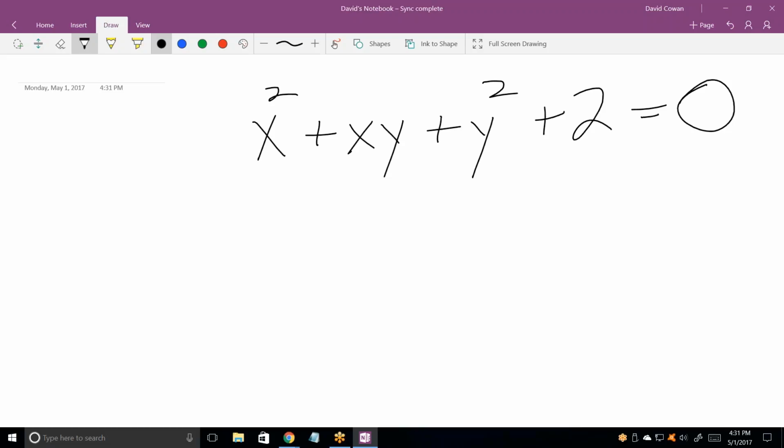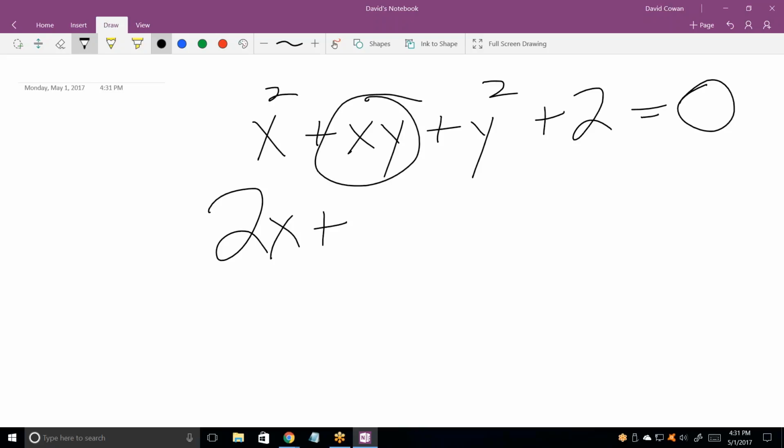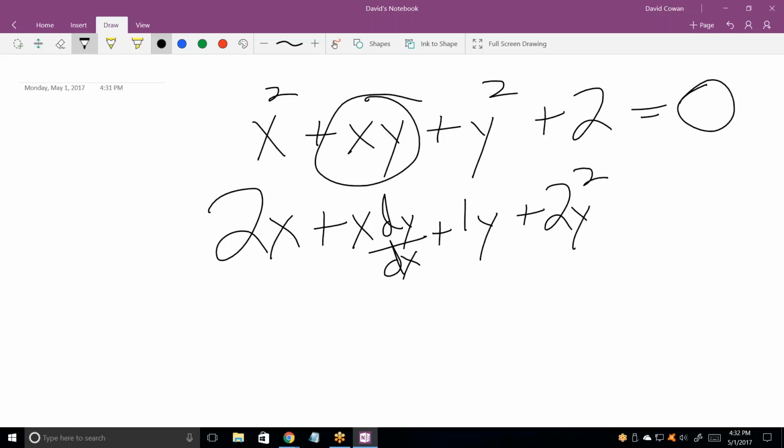But I could implicitly differentiate the entire left side. So that would be 2x plus, and then I'm going to use the product rule for that term. So it'd be the first times the derivative of the next, which is dy dx, plus 1y, plus 2y squared, because y is not x, I have to follow it by a dy dx, equals 0.